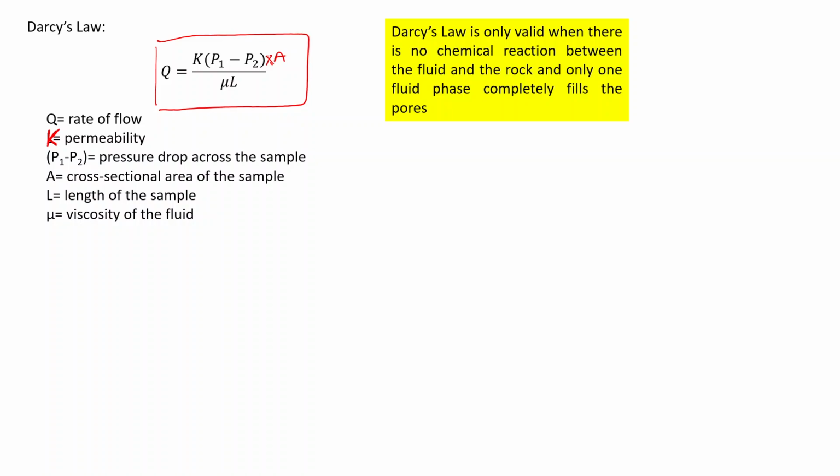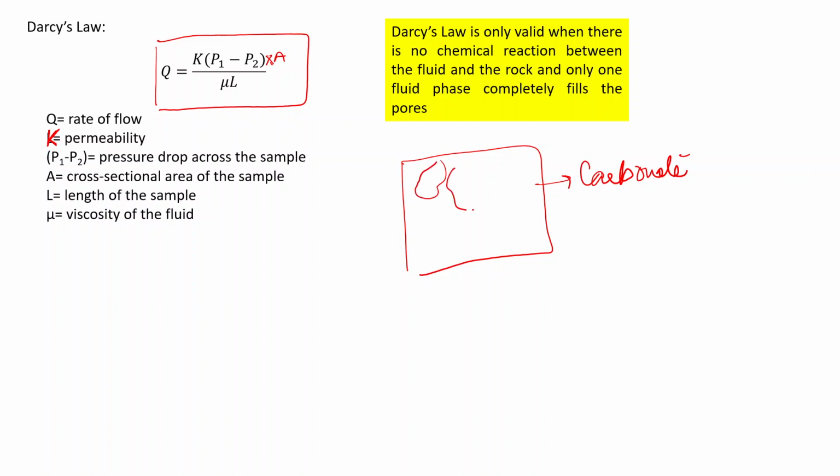Remember that Darcy's law is only valid when there is no chemical reaction with the fluid. Say, for example, you have a carbonate rock, and this carbonate rock has developed secondary porosity, and it is filled with an acidic fluid, or a fluid which has a lower pH.